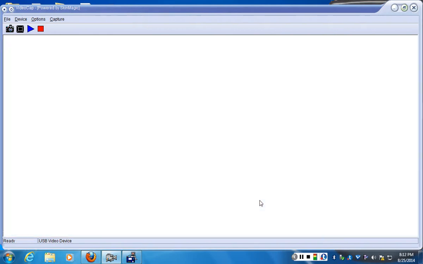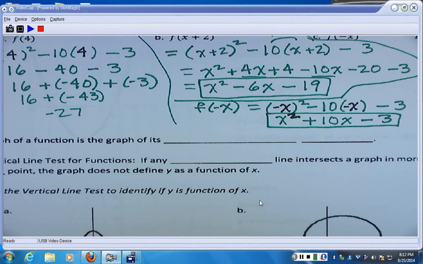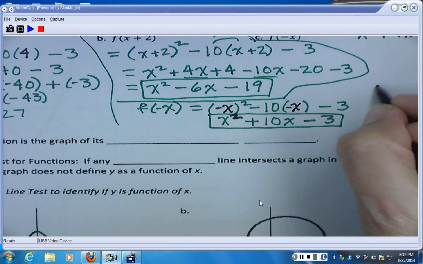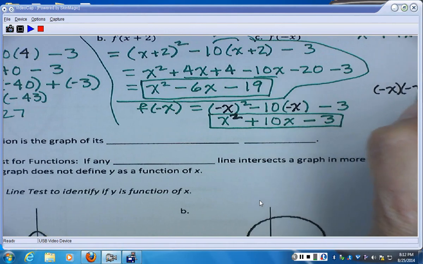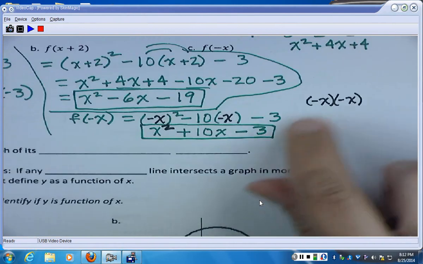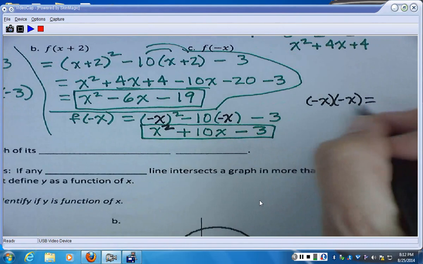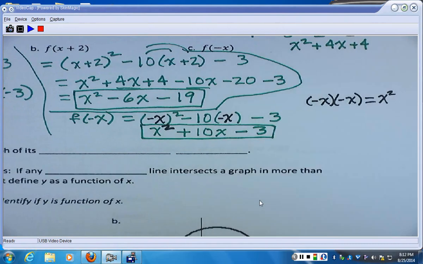If you square negative x, you get x squared. If you square x, you get x squared. It's negative x times negative x, and the negatives make a positive, and x times x is x squared. So if you forget some of that, review your rules of exponents if you struggle with that.